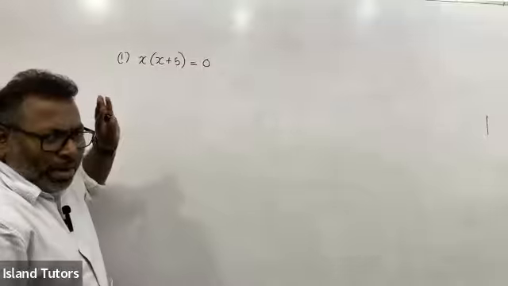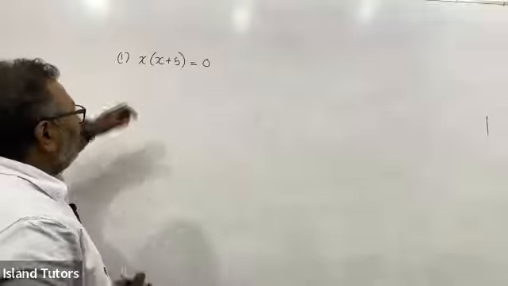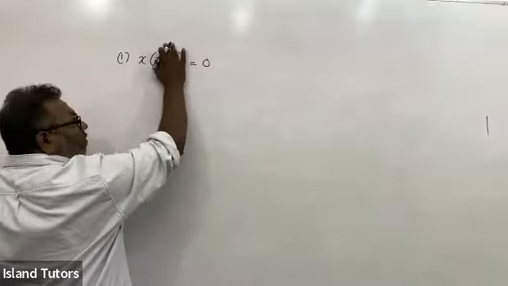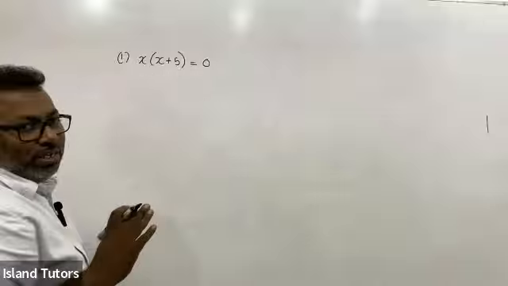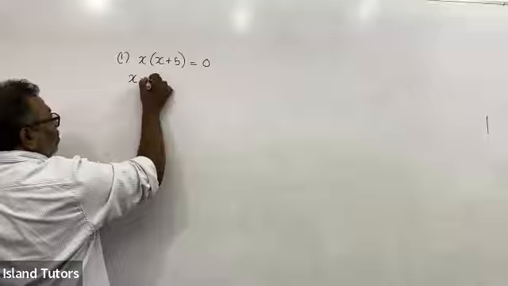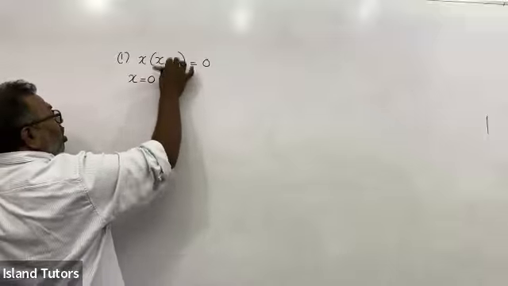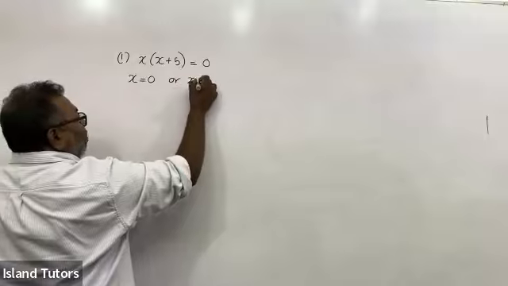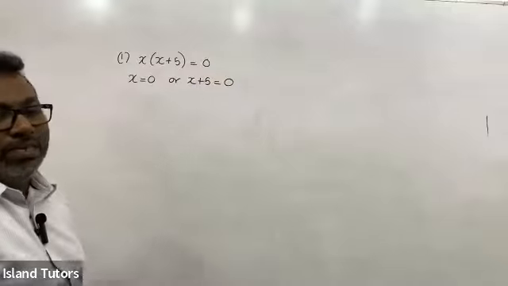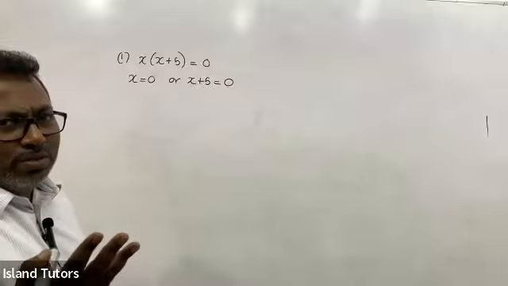So, by looking at it straight away, you can see x multiplied by x plus 5 is equal to 0. So, that means what? Either x is equal to 0 or x plus 5 is equal to 0. Either one of those two terms is equal to 0.